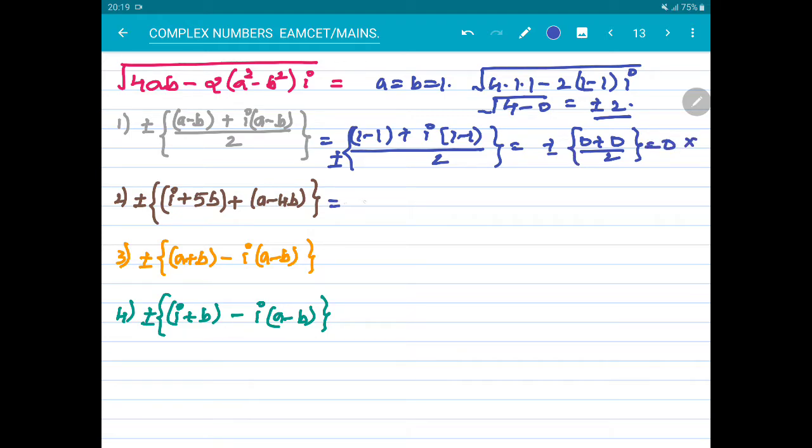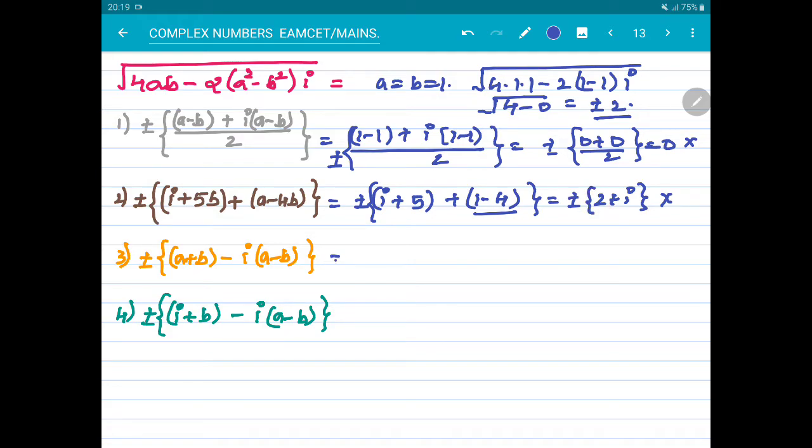And second option, plus or minus of i plus 5, that's it, because b is 1, plus 1 minus 4. Clearly one can say that the second option is the wrong option. Plus or minus of minus 3. Here it is minus 3 plus 5, 2 plus i, no doubt. Second option is the wrong option.